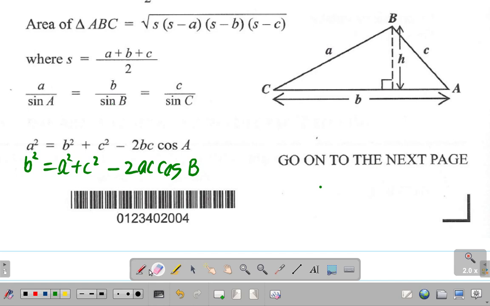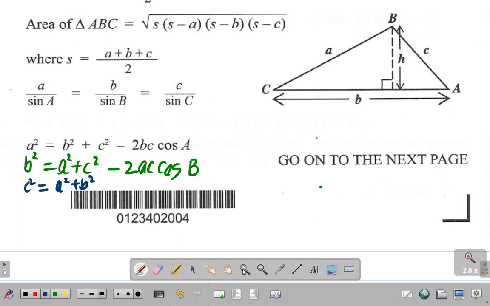And of course, it can apply where you look at the side C. You're calculating the side C, C squared is equal to A squared plus B squared. So you don't repeat the C's.